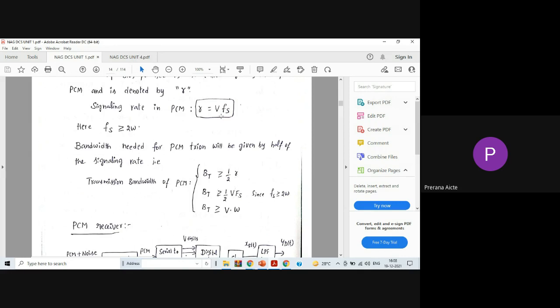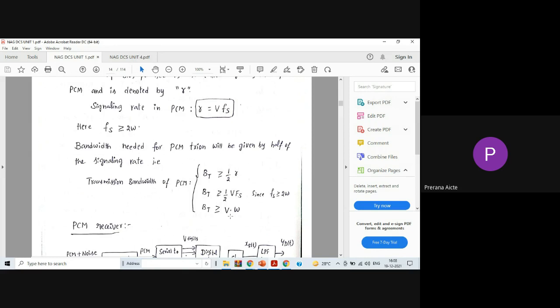Nothing but V into Fs, right? So BT greater than or equal to V into W. Why? Because if you substitute 2W, the 2 gets cancelled, and we get V into W. Okay, this is about the PCM transmitter.